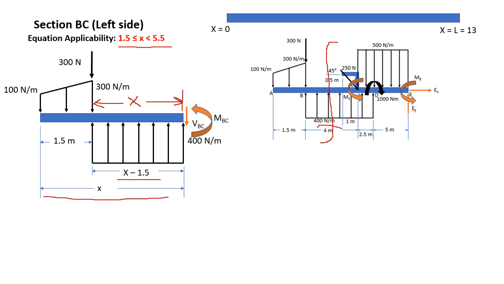This length, the length from B to C, is what you would be substituting in your equation. And your x is equal to 0 would now not be the leftmost end of the beam. Your x is equal to 0 would pertain to point B. So that's why I'm not keen on using this, because you might get confused what value of x you would be substituting in the equation. So we would not be using this representation.